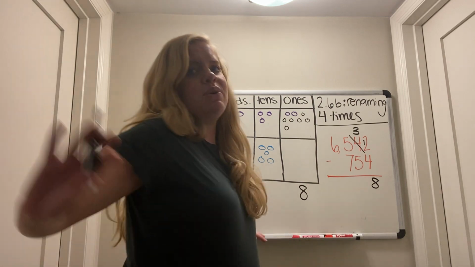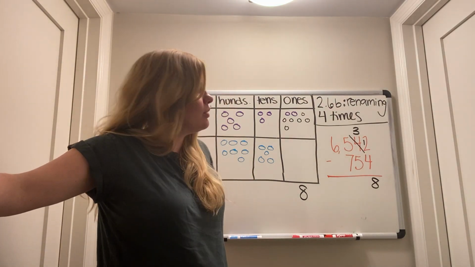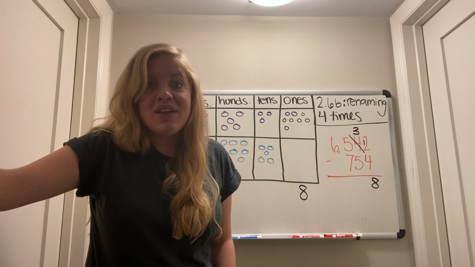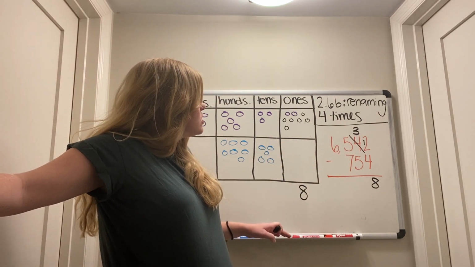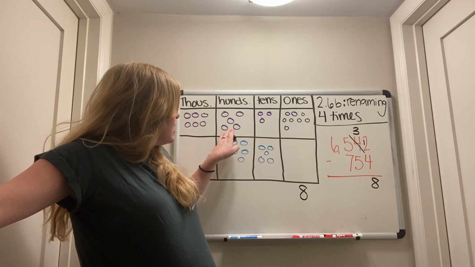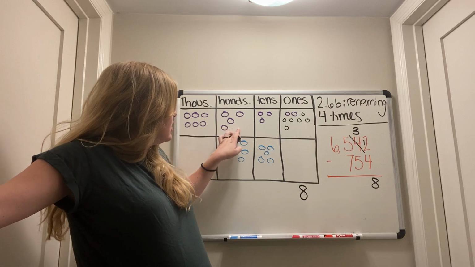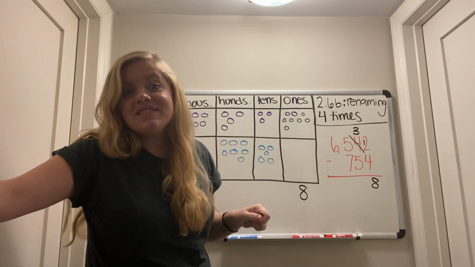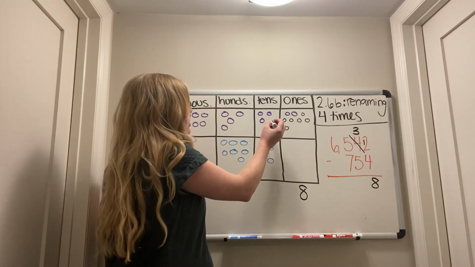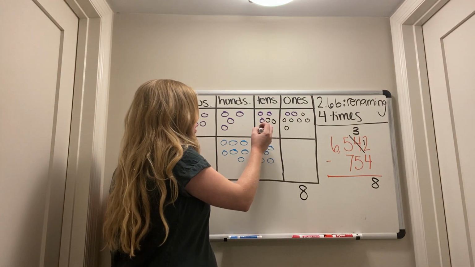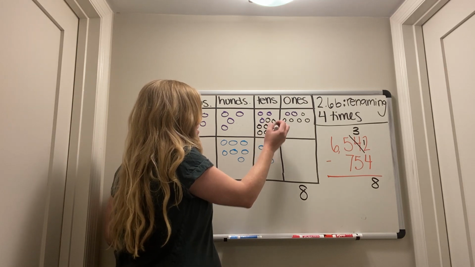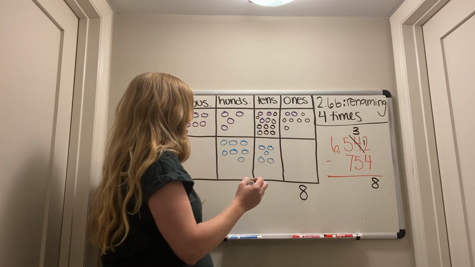Good. But now we run into our next problem, right? 30 minus 50. We can't do that, can we? So we have to go to the hundreds place and take 100 to make 10 tens out of it. Okay, so here we go. 1, 2, 3, 4, 5, 6, 7, 8, 9, 10.